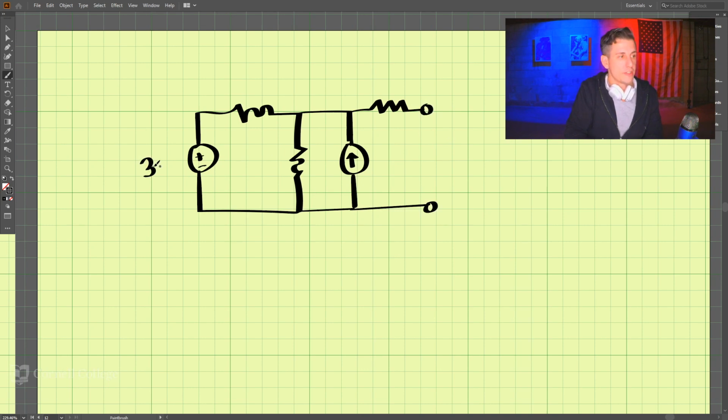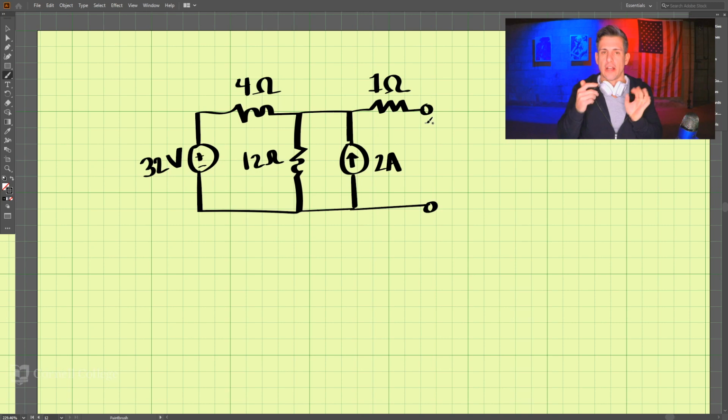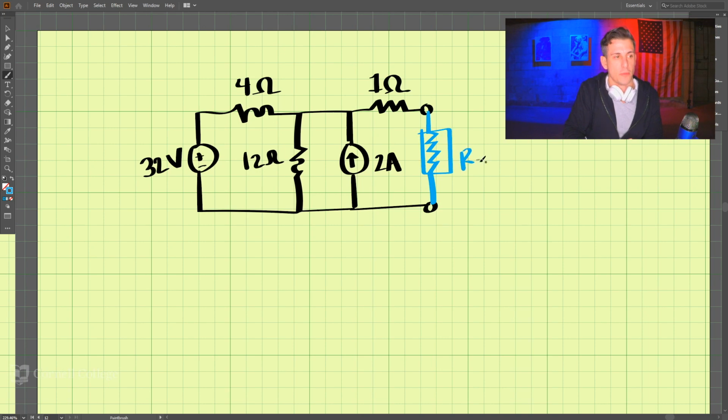We can label this 32 volts, 4 ohms. This one is 12 ohms. This one is 2 amps, and this one is 1 ohm. And in these occasions, we usually put some sort of load here. This can be anything, something that we put into that.